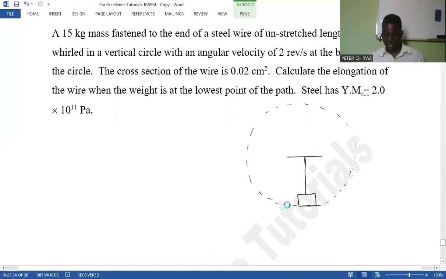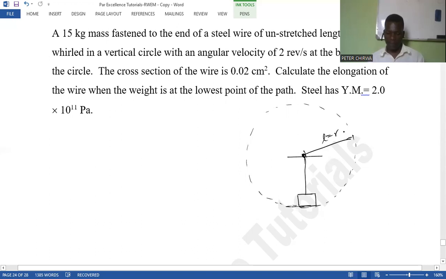All right, it's moving in a vertical path like that. So I can pick that as the center, whereby we're going to say the radius of this path is equal to the unstretched length of the wire. All right, that's what we're going to get here.